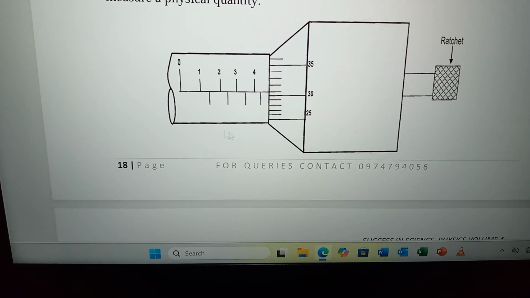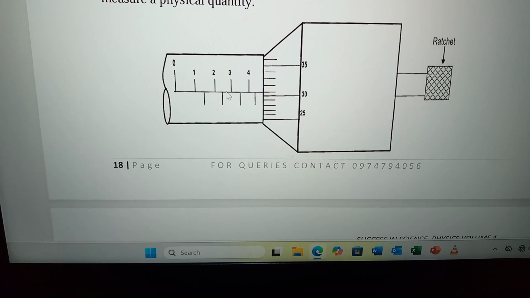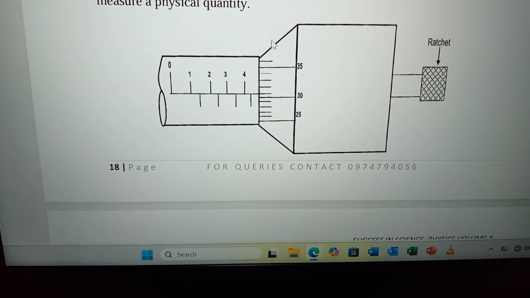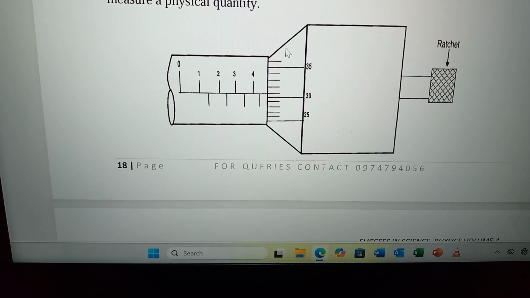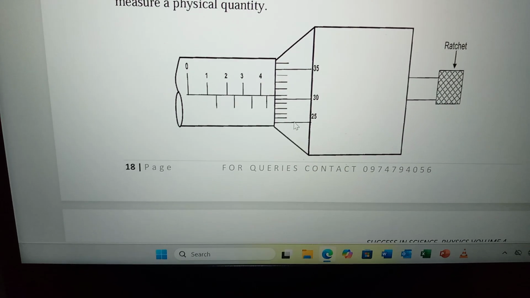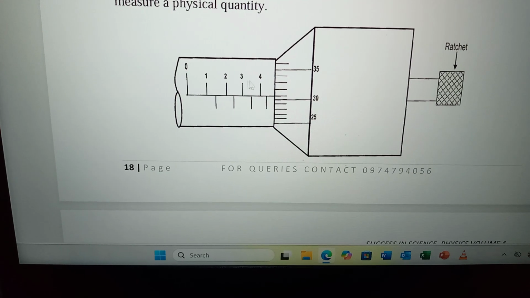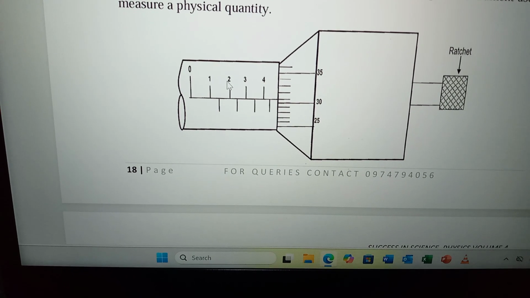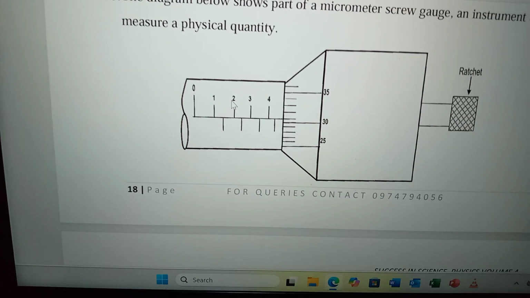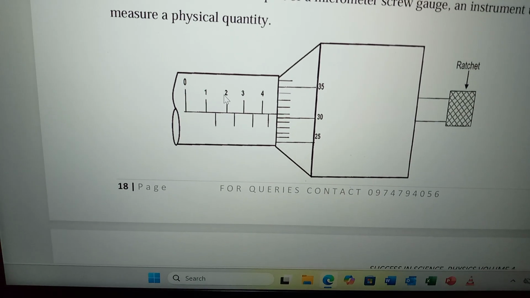So this part that you are seeing there is called the main scale, and then this part is what we call the thumb scale or the vernier scale. Now, obtaining the values from the main scale, this is what we always do when the micrometer screw gauge has come in this form.